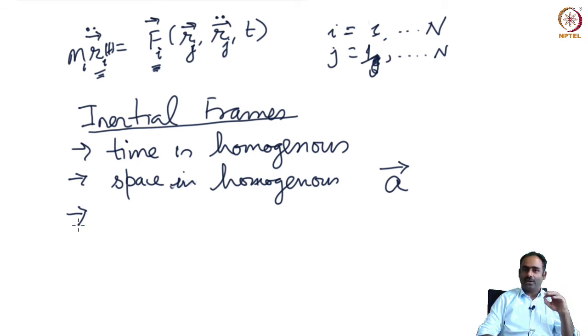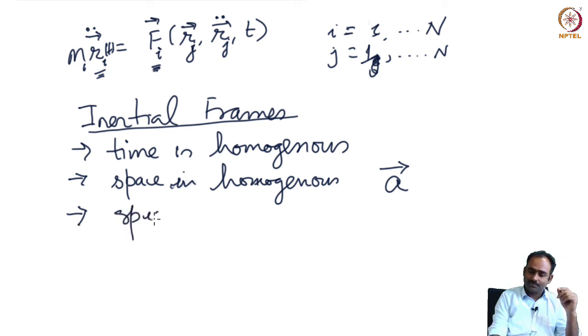Doing this rotation will also not change the outcomes of your experiment. All orientations are equivalent, and this we say more formally as that space is isotropic. Isotropic meaning equivalent in all directions. So I say space is isotropic.